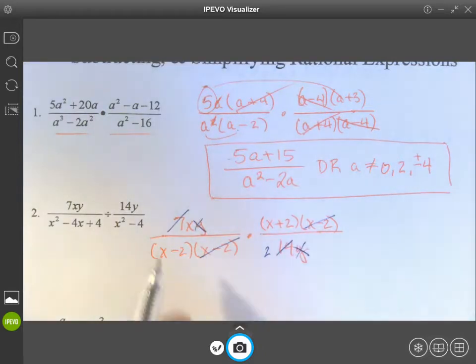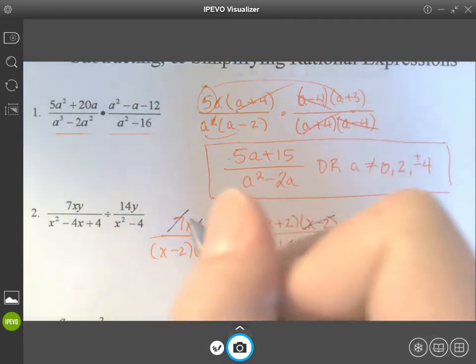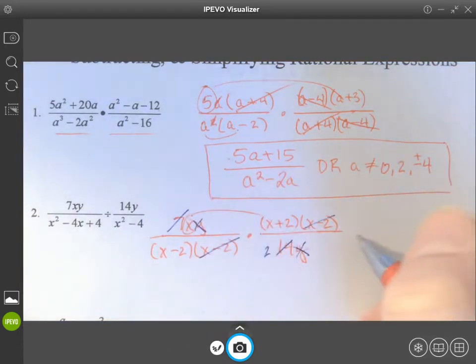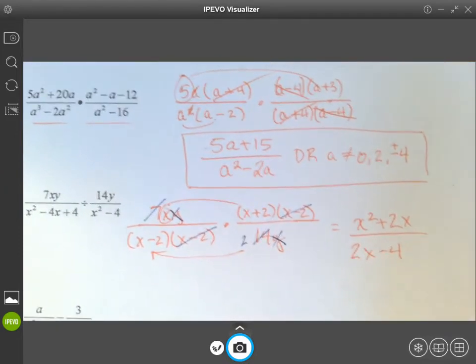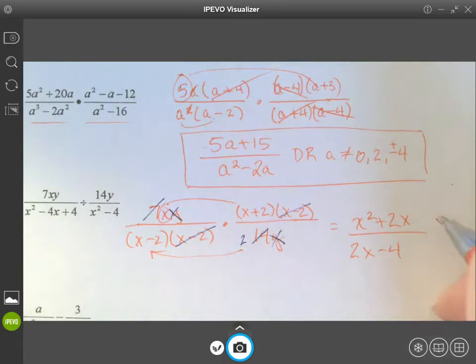I can cancel these because this is 7 times x times y. When it's one chunk, there's no addition or subtraction there. All right, what's left in the top is an x. Don't lose that. So that is x squared plus 2x. What's left in the bottom is a 2x minus 4.